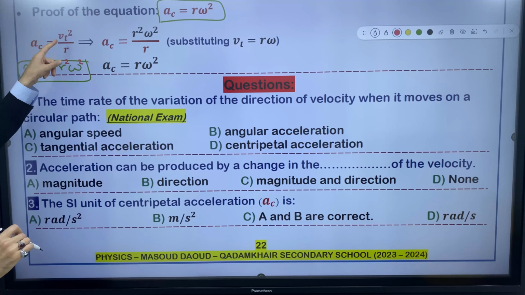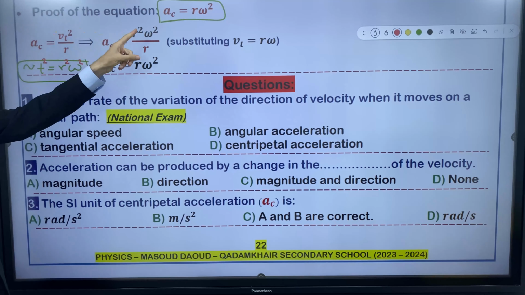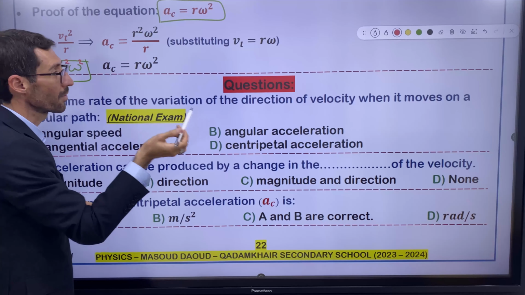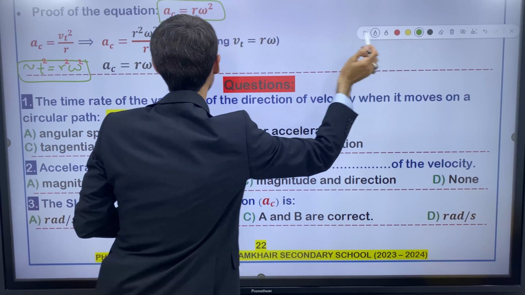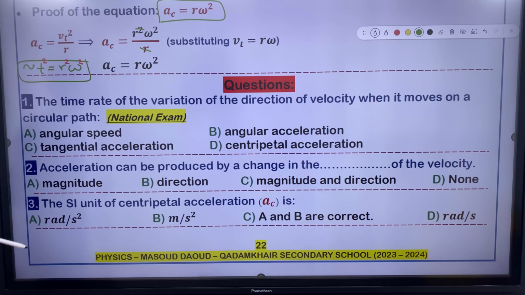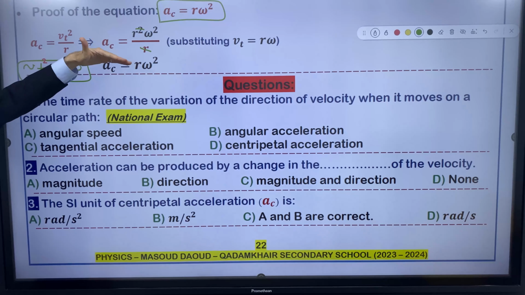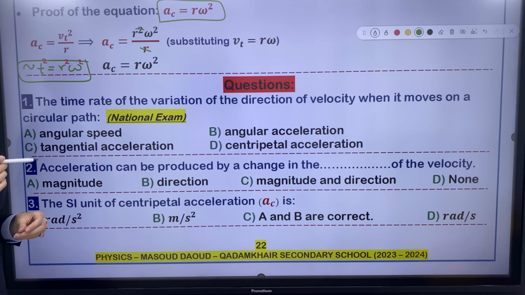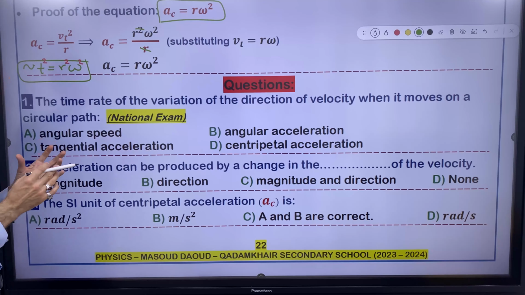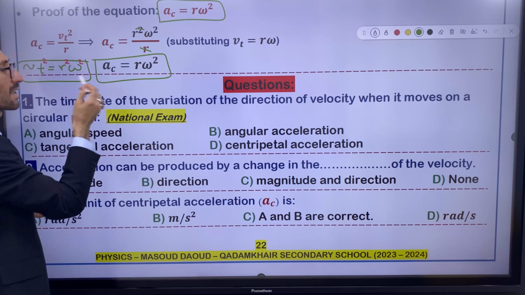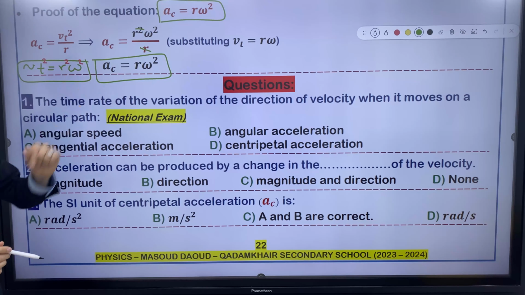That's why the new form of the numerator becomes R squared omega squared divided by R. Here I have a question. Can I cancel out one R in the numerator with one R in the denominator? Yes, it can be. So the final form of AC in terms of R and omega is AC equal to R omega squared.